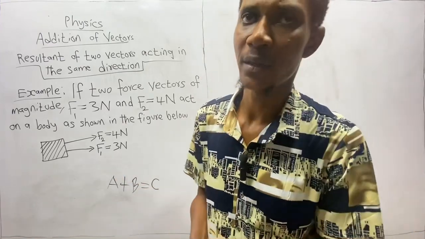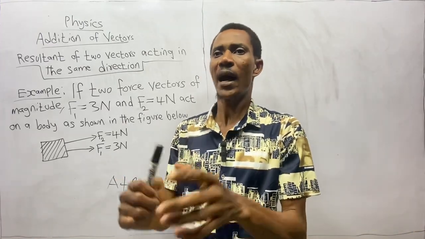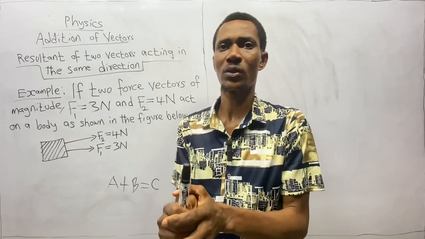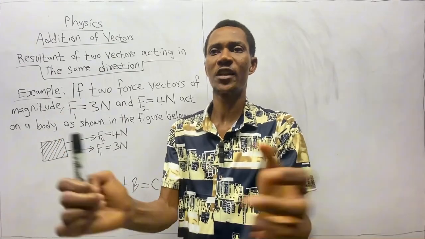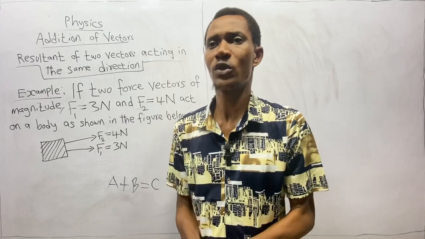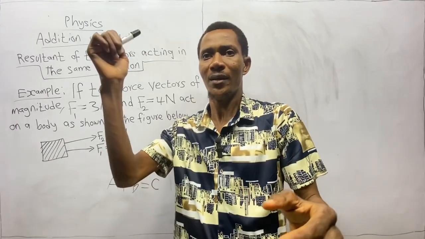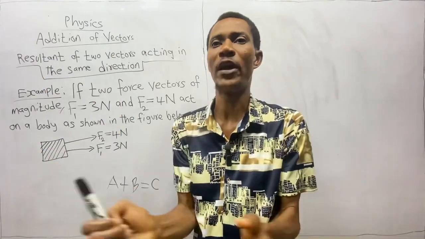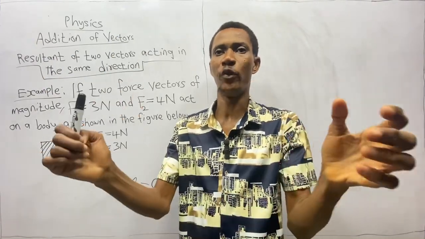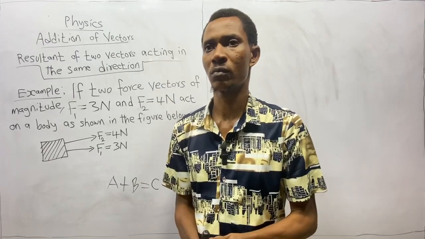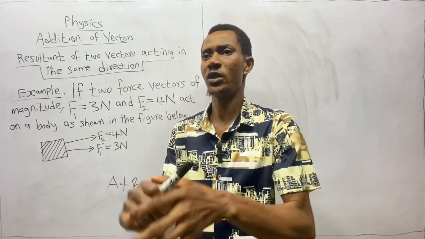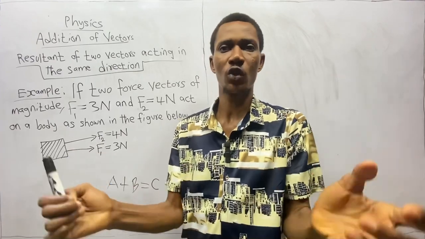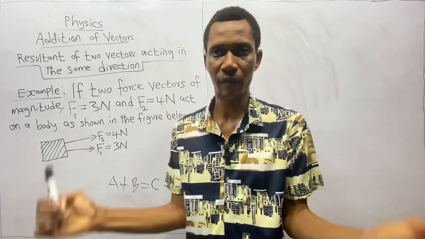If you remember, in part 1 of the scalars and vectors series, I told you that vectors are added by geometric method. So that means it depends on what? Angles and lines. That means it depends on what? The direction of what? The various vectors. So the question is, how do we get the resultant vector of vectors?